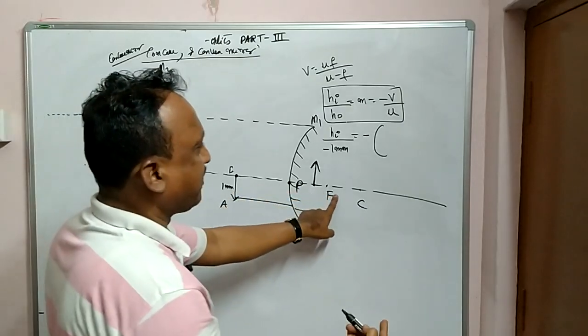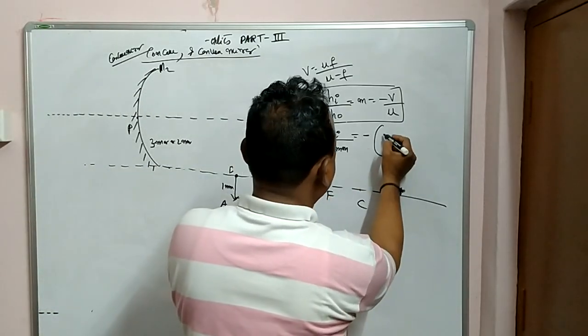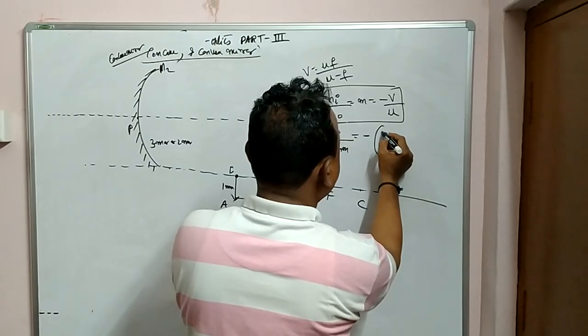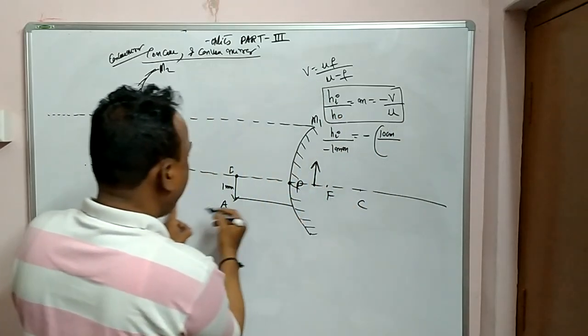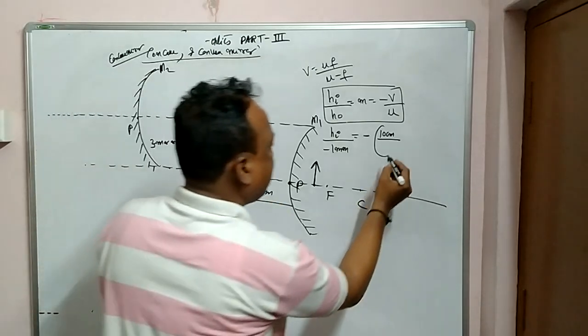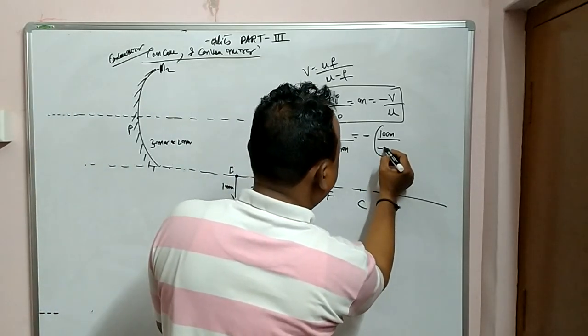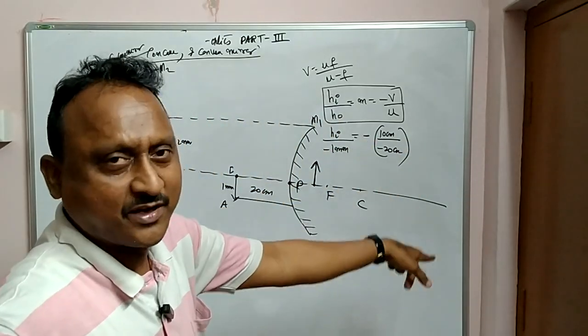V you will already have. For example, say around 10 centimeters, okay, 10 centimeters by u. Object distance, for example, say 20 centimeters. Object distance is minus 20 centimeters. V is plus in this one because it came on the right side.